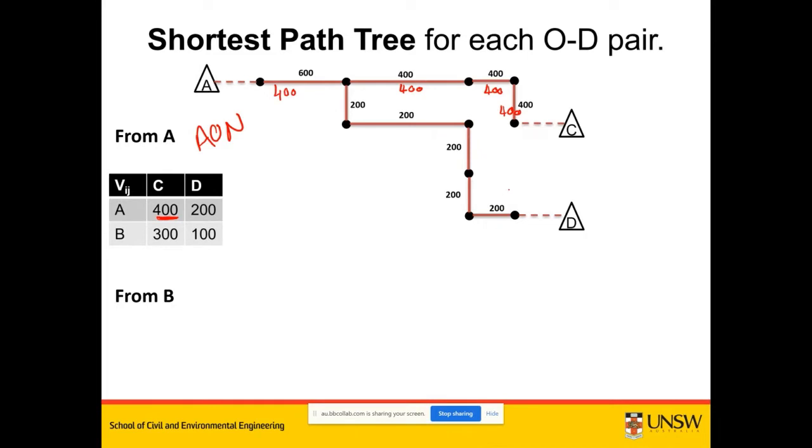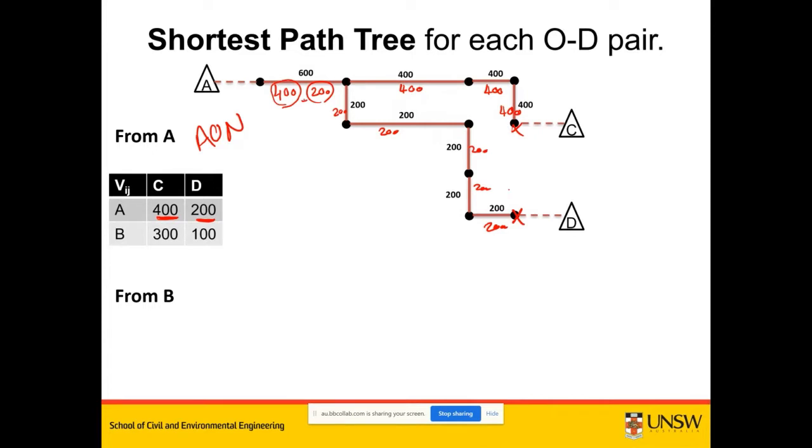Now let's have a look at A to D. I have 200 people going from A to D. So I have an additional 200 people on this link, 200 here, 200 here, and they reach the destination. And if you want to get the link volumes here, you can see that the first link in this shortest path tree had 400 people from A to C and 200 people from A to D.